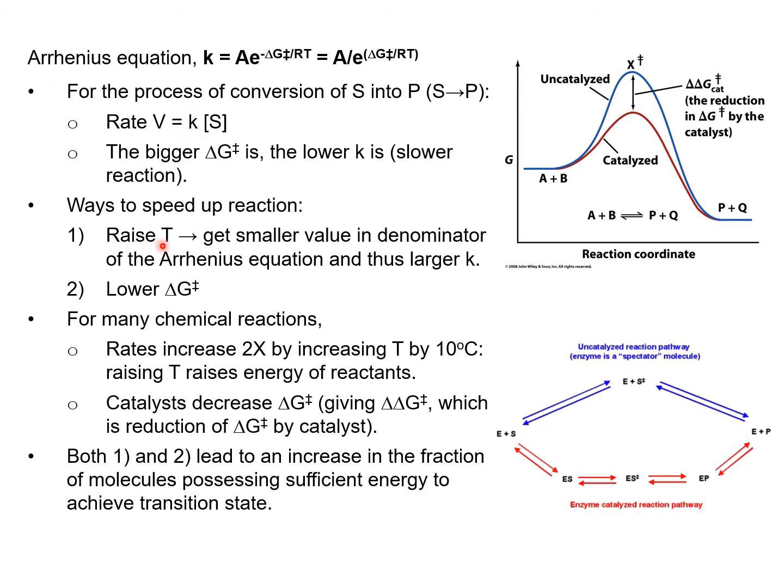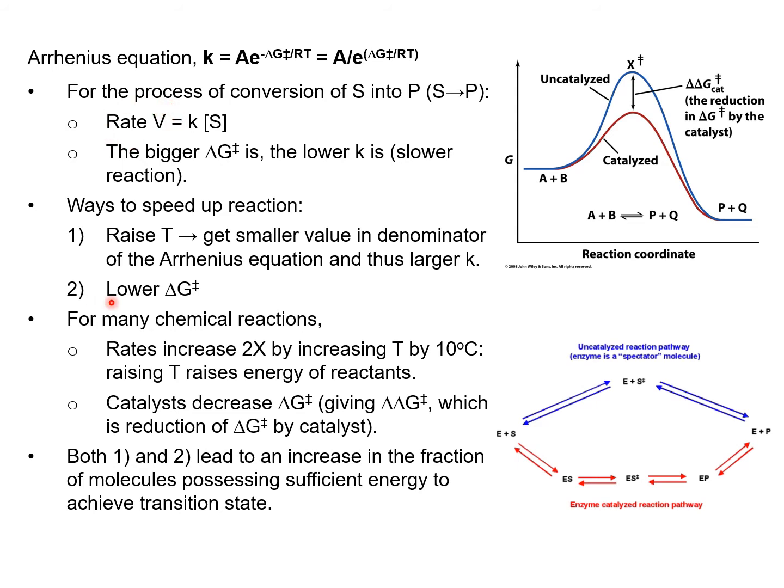When you raise the temperature, which is right here, even though it's in the denominator, if it is increased, then because of this exponential function with the negative value, you're going to get k that is also increased. So you get a larger k, meaning a faster reaction rate.